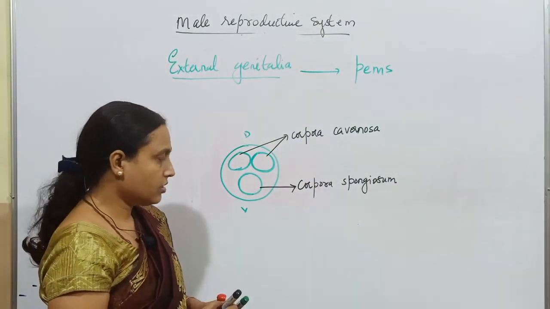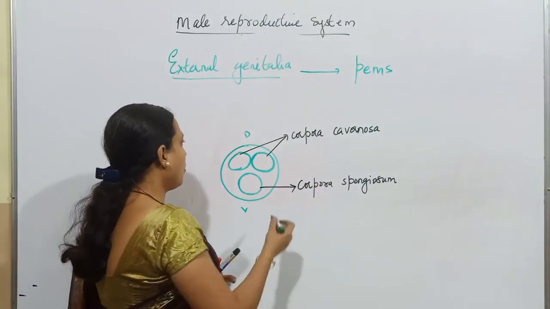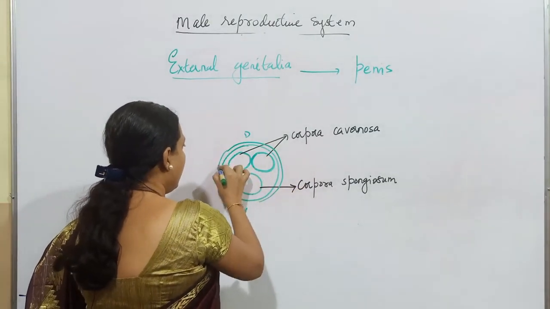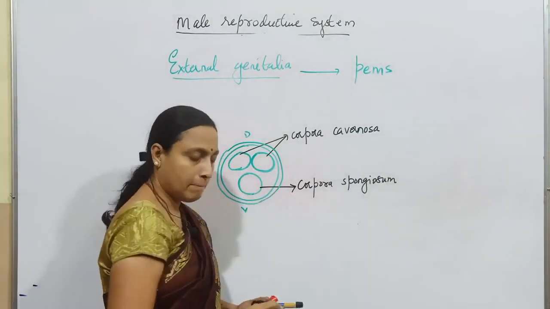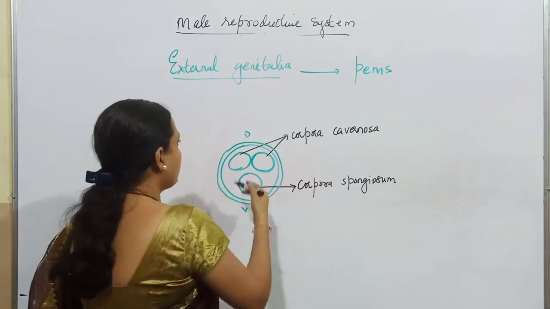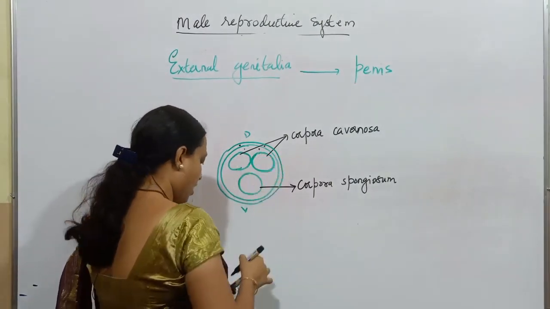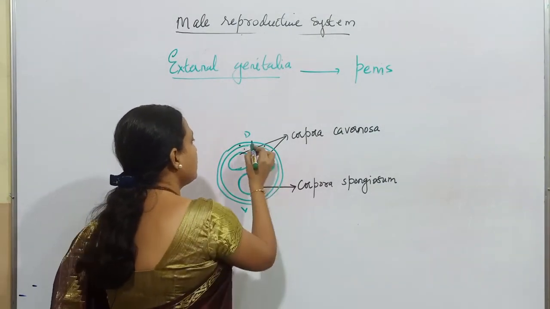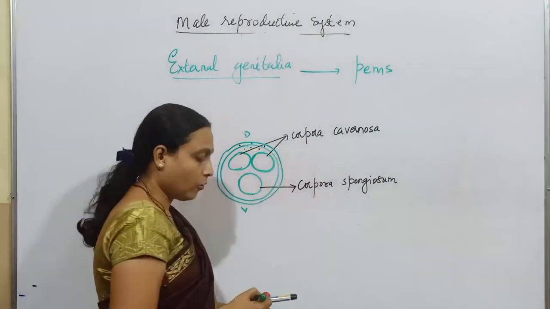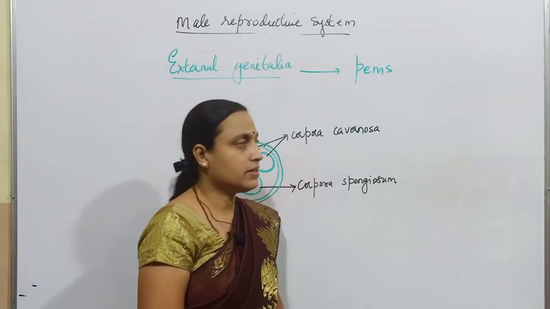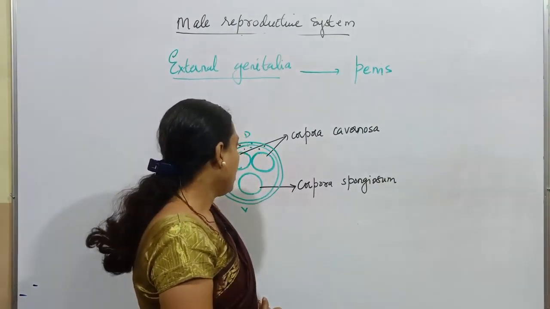The surrounding area has a good supply of blood vessels, both arteries and veins.